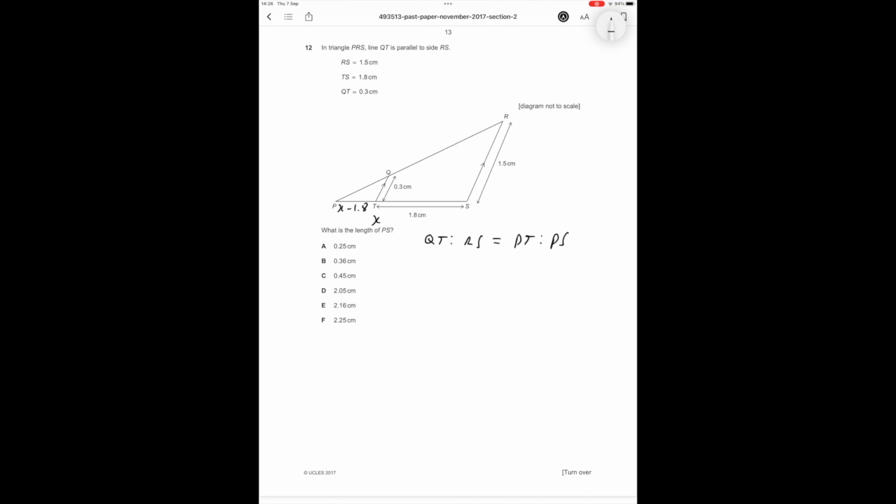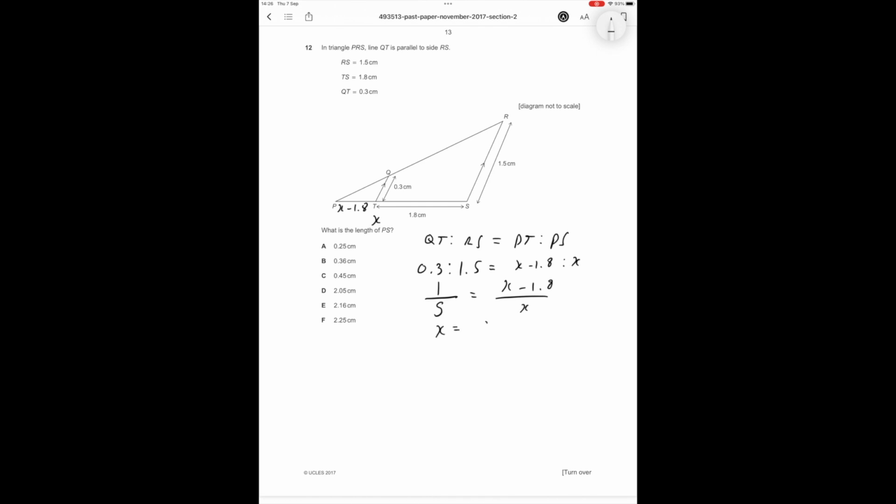So let's create this ratio. 0.3 to 1.5 is equal to X minus 1.8 to X. We can now turn this into a fraction because we can convert between ratios and fractions. So 0.3 is a fifth of 1.5. So 1 over 5 is equal to X minus 1.8 over X.